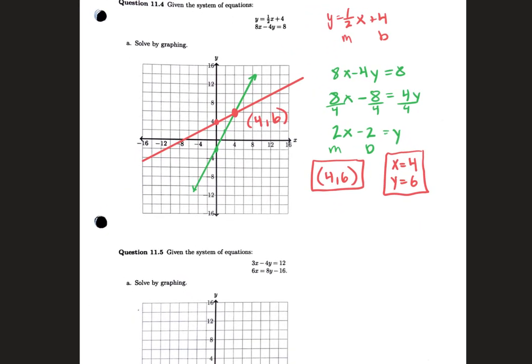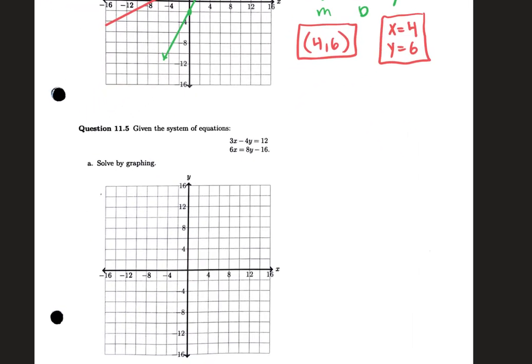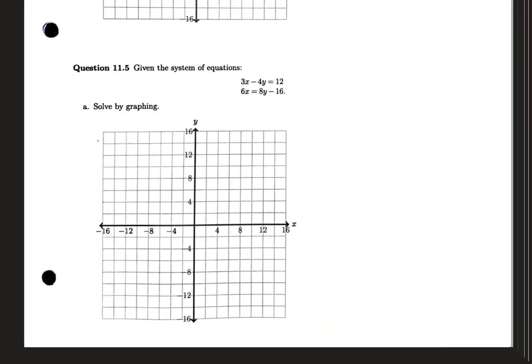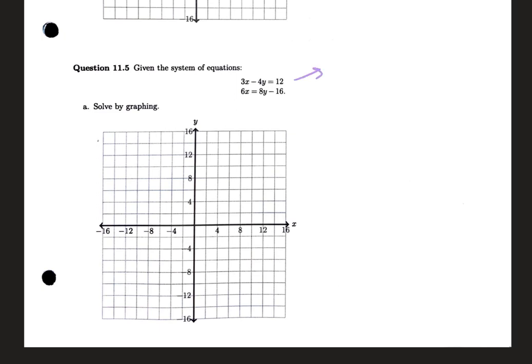So let's look at one more graphing. I think the thing about graphing is you have to set these equations up so that they can be graphed. I know I might do that kind of quick, and you can pause it and slow it down if you need to. But my first equation, I get 3/4 x minus 3 equals y.